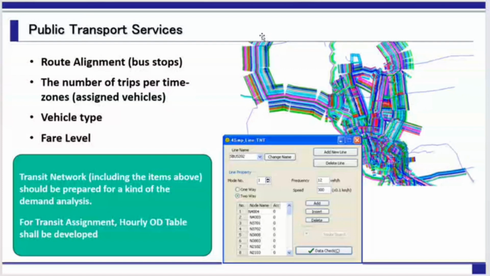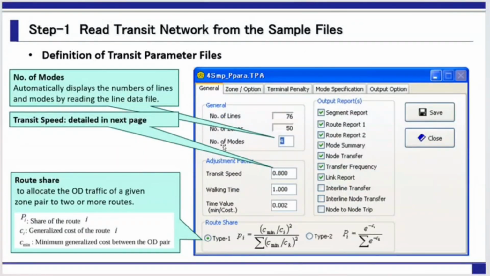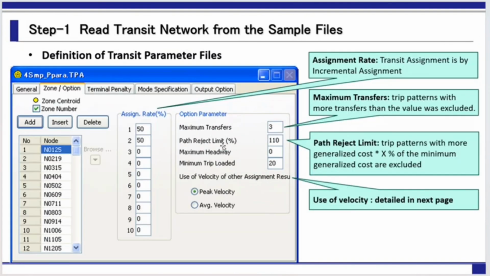However, if you allow so many transfers, the available pathways will be more and more. So the calculation of the transit assignment will become more and more complicated. So usually three transfers, or 4 to 8 transfers, is set as the maximum number of transfers, which is considered as the route search methodology.